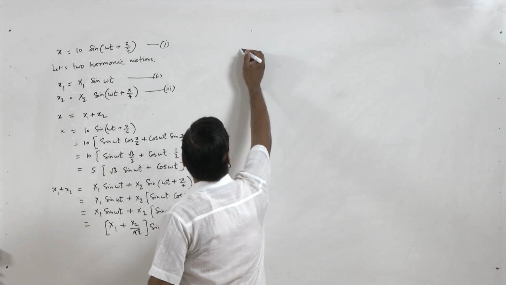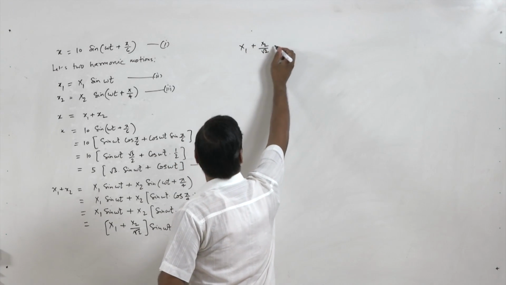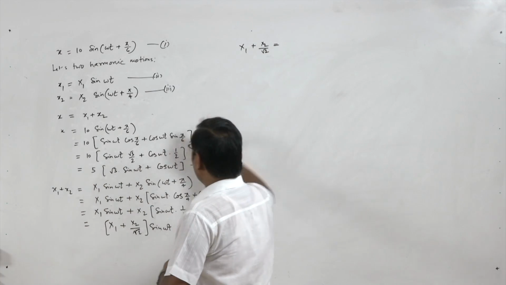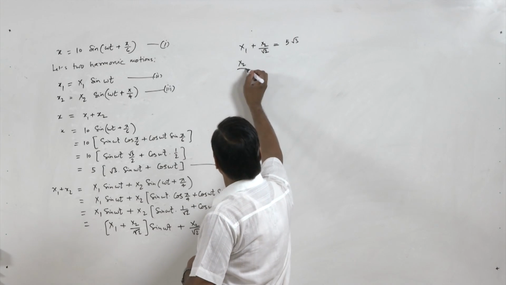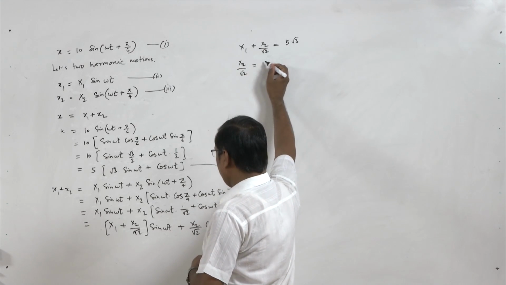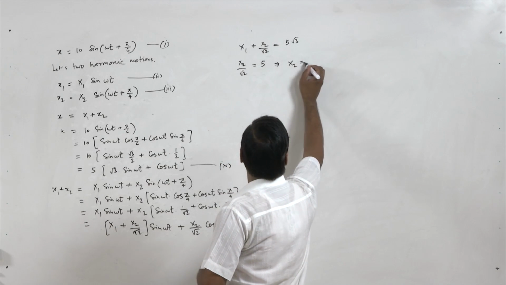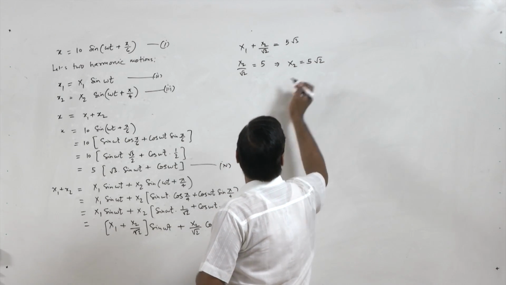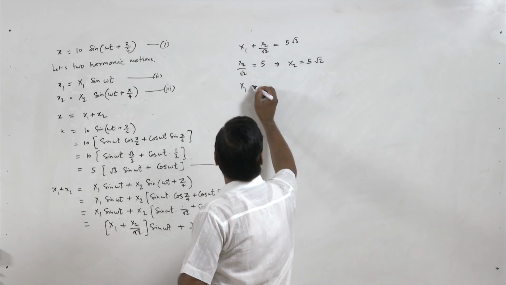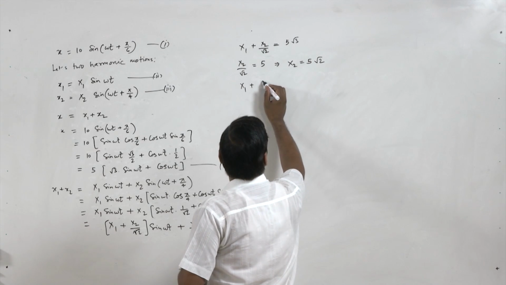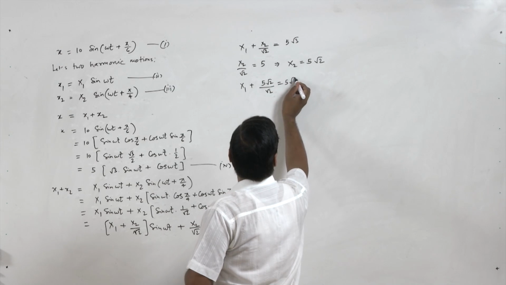So we can write X1 plus X2 by root 2 equal to 5 root 3, and X2 by root 2 equal to 5. From here we can directly get X2 equal to 5 root 2, and if we put this X2 in the other equation, X1 plus 5 root 2 by root 2 equal to 5 root 3.